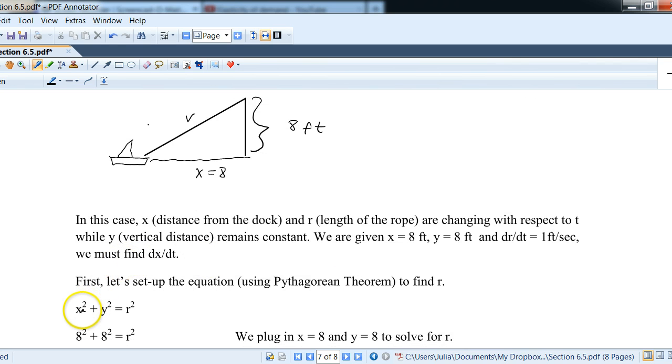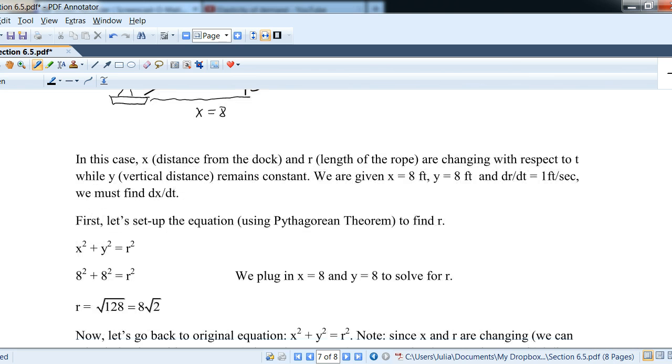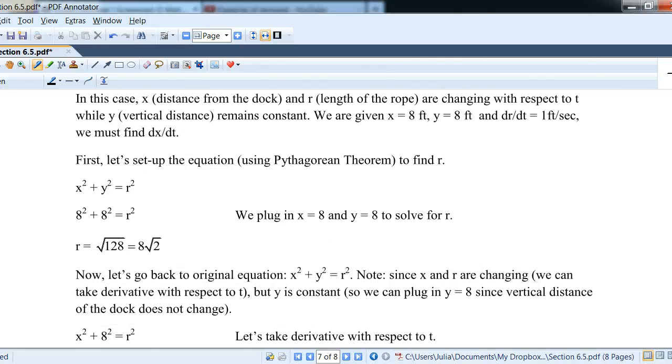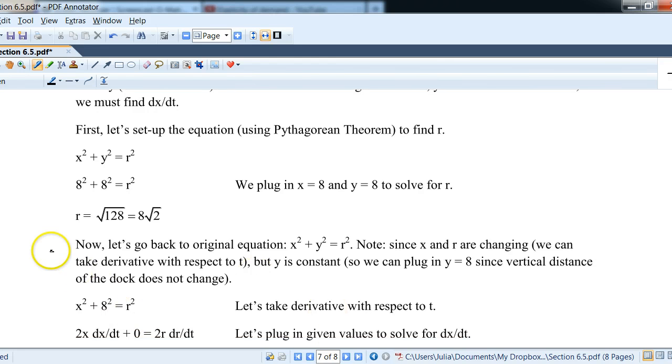You keep it as x squared plus a squared equals r squared, where the height of the dock, a squared, is constant, and you can solve for r the same way. So when you differentiate, one of them usually would be a constant, even though it's not always the hypotenuse, but everything else is very similar.